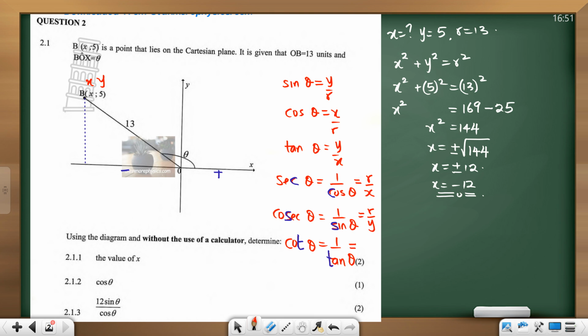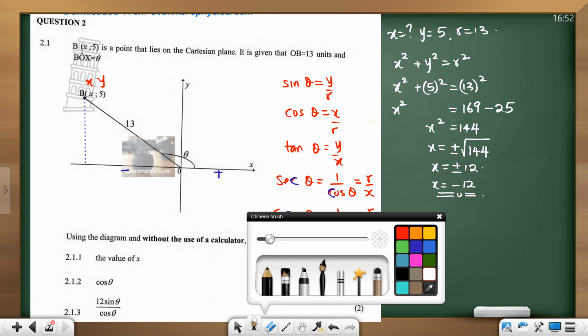And 1 over tan, instead of y over x, it becomes x over y. It makes it a lot easier. I hope this makes sense.